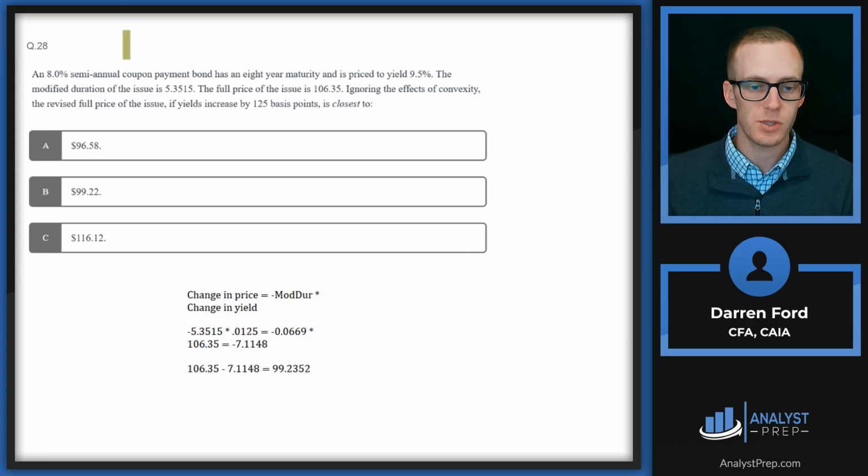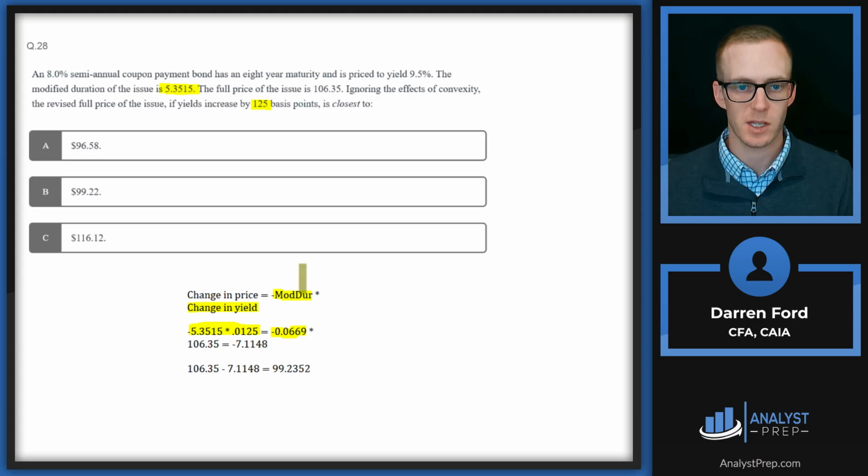So our change in price using only duration is going to be negative modified duration times the change in yield. So we're given modified duration at 5.3515, and then we're going to multiply this by a positive 125 basis point change. So we can see that right here, which is going to be equal to minus 0.0669. That's going to be our decrease in price.